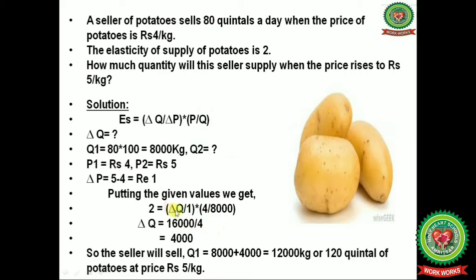Now keep delta Q on one side and shift the values to the other side. 8000 multiplied by 2 means 16,000, divided by 4. After the calculation you will get delta Q equal to 4000. So the seller will sell Q1 equal to 8000 plus 4000, which is 12,000 kg or 120 quintals of potatoes at price rupees 5 per kg.